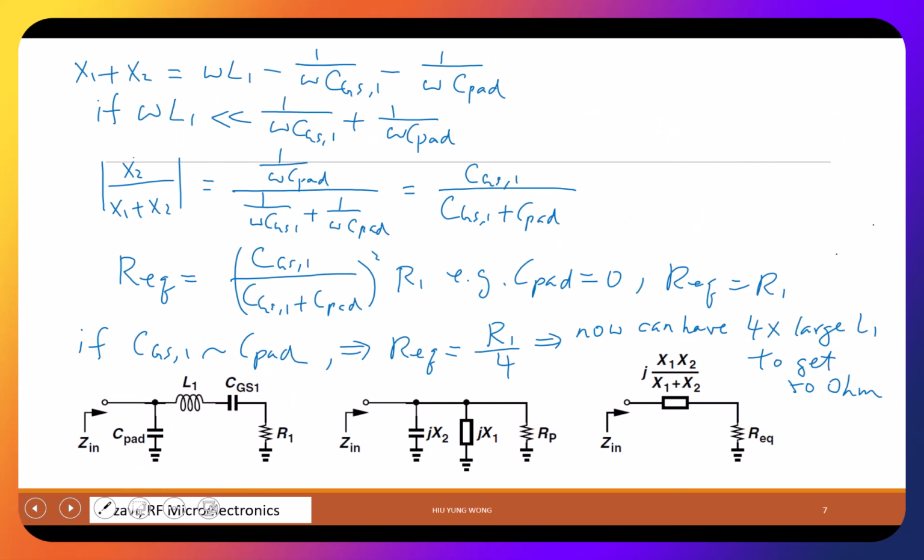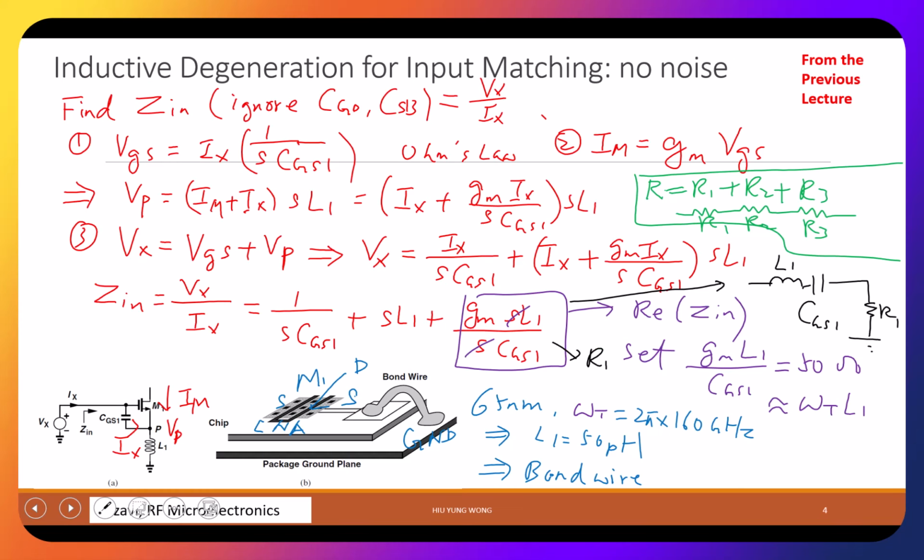And after all, we say that with this pad capacitance, if it's similar to Cgs, you actually reduce the effective real part of this impedance by approximately 4 times. Earlier we said that we need a pretty small L1 because we want gm L1 divided by Cgs to equal 50 ohm.